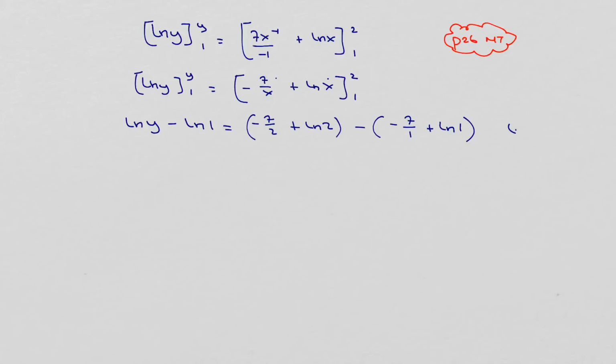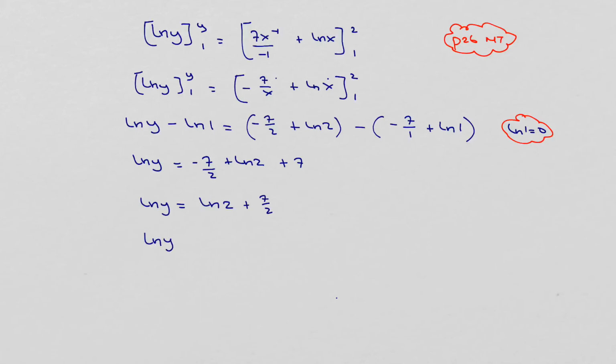Now, natural log of 1 we know is 0. If you can't remember that, your calculator will tell you that. And then that leaves us with natural log of y on the left is equal to minus 7 over 2 plus natural log of 2 plus 7, and then natural log of 1 is 0. So therefore that's natural log of y is equal to natural log of 2, and then 7 minus 7 over 2, which is just plus 7 over 2.